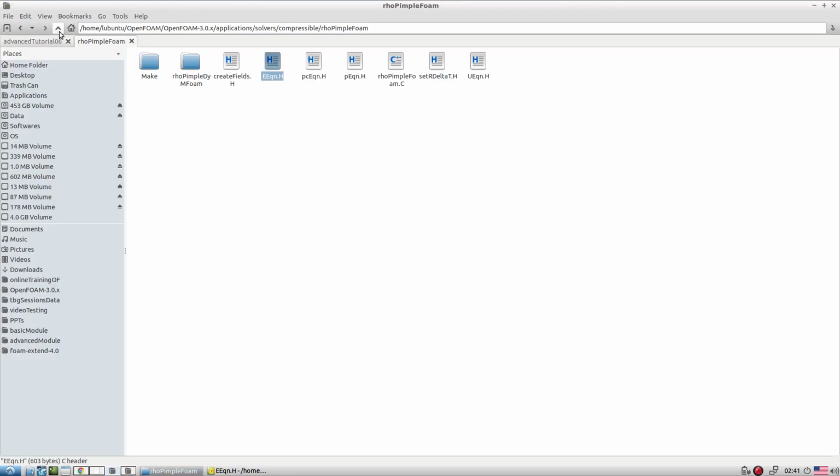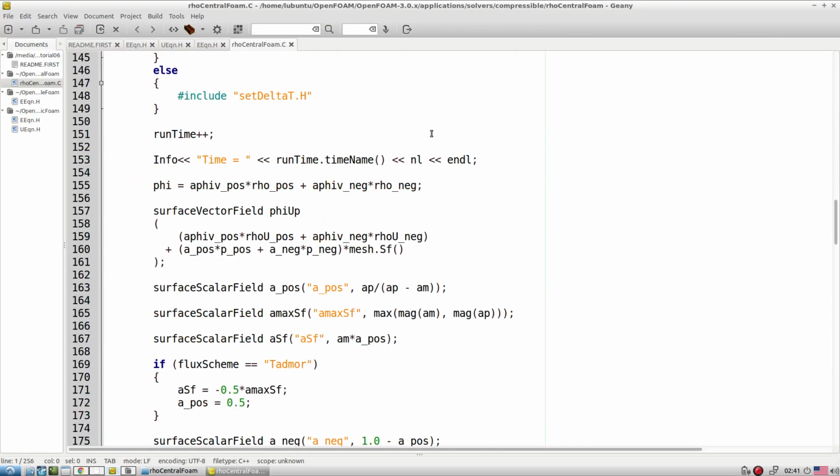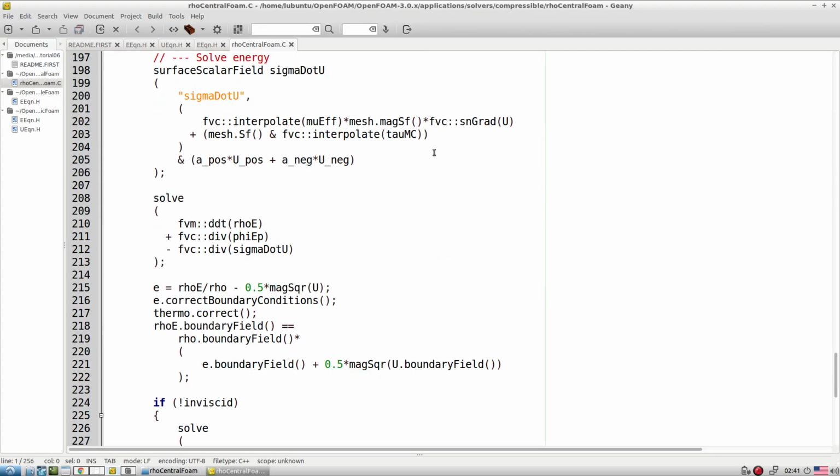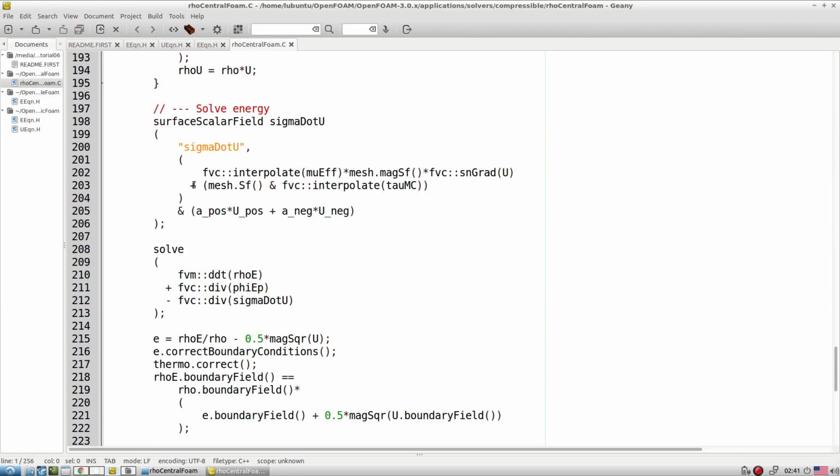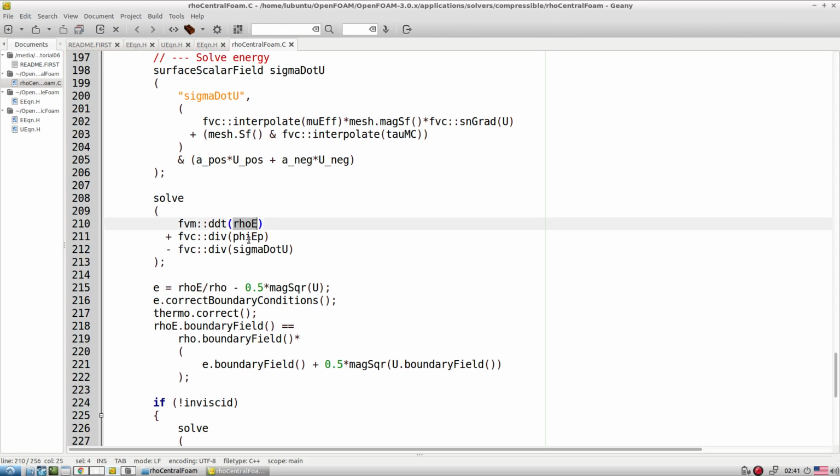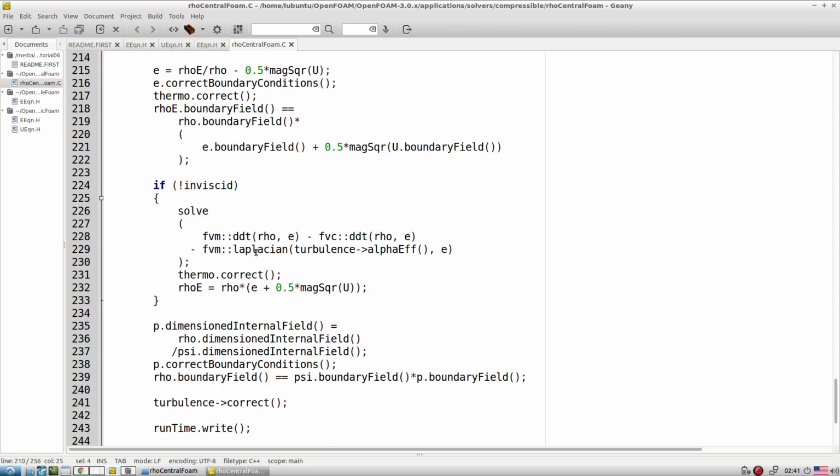Here we have rhoCentralFoam, and if you look at the energy equations, it is in terms of total energy. So it is in terms of the total energy equation.